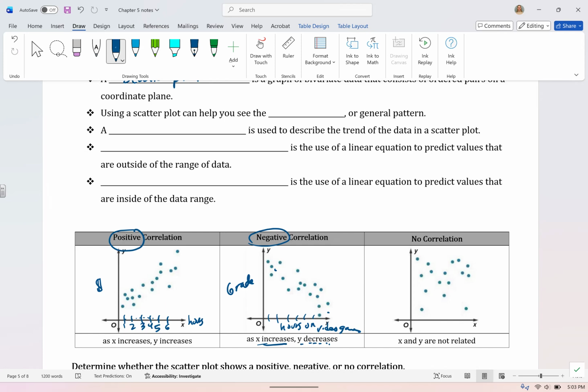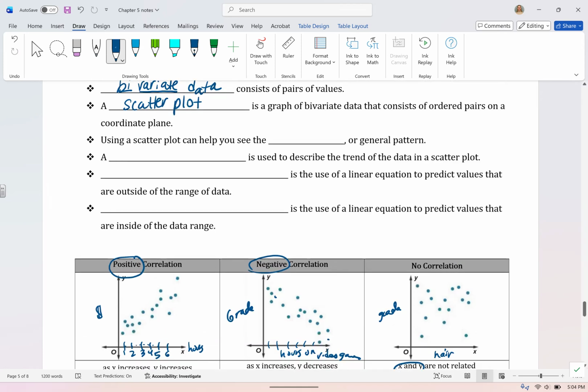And then sometimes they're not related, meaning graph your hair length and your grade. Your hair length probably doesn't impact how good of a grade you have in any class. And negative would mean as x increases, the y values are getting lower and lower and lower. Positive would be as x increases, your y value increases.